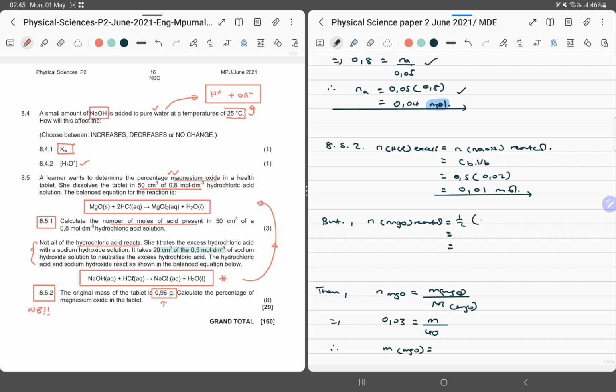This is going to be half of the number of moles of HCl used, because the ratio here is 2:1. This is therefore half of the difference between the initial and the final, into 0.04 minus 0.01. So let's adjust something.